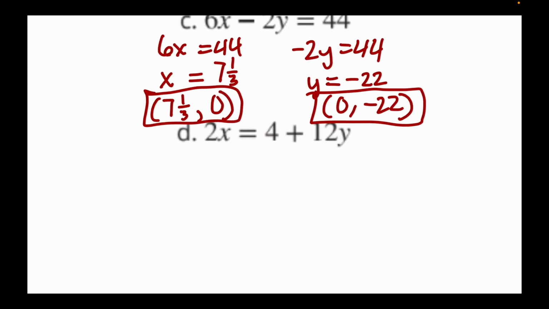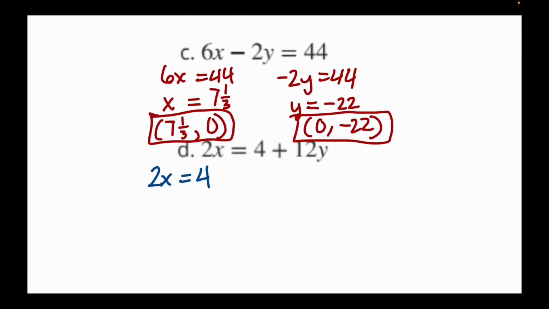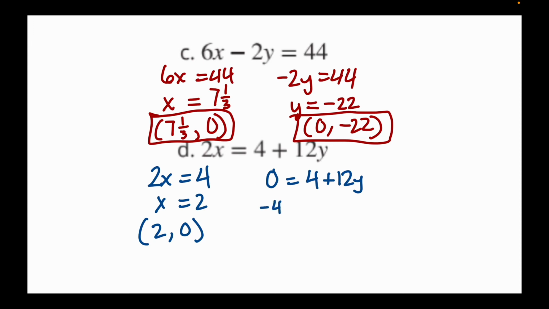Last one, not quite standard form, not quite slope-intercept, still works just fine. Let's plug in 0 for y first, and we'll do 2x equals 4. If you divide both sides by 2, x is equal to 2, so you have 2, comma 0. And then the other way around, you would have 0 equals 4 plus 12y, so negative 4 is equal to 12y.